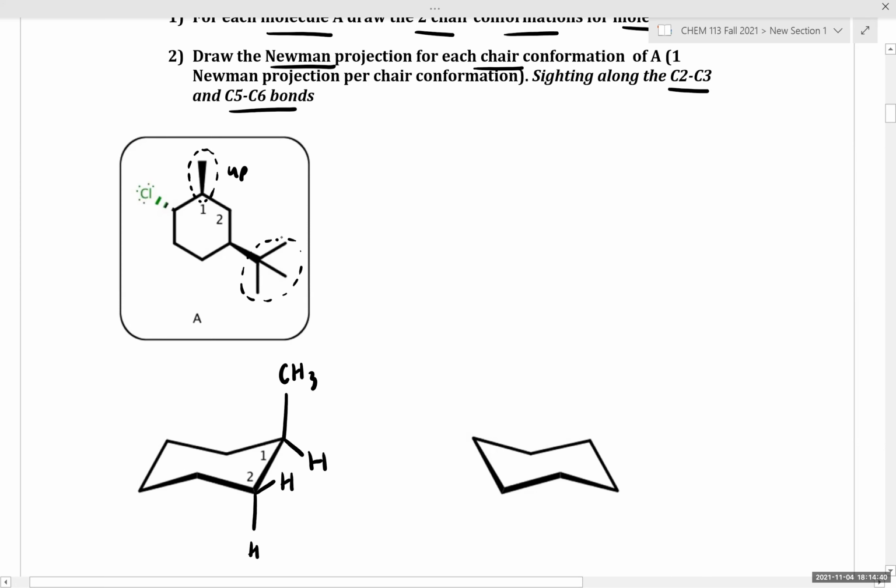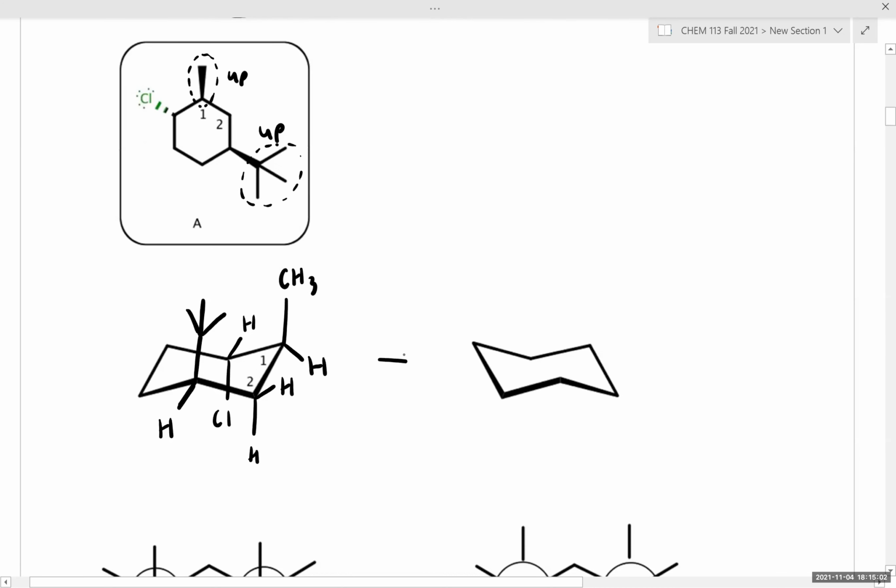Carbon 3 has a tert-butyl group, which is pointing up, has a wedge, and as a result, we draw the tert-butyl group axial up. Carbon 6 has the chlorine, which has a dash, so the chlorine is pointing axial down. Any questions on how we converted this dash wedge notation into our desired first chair conformation for this cyclohexane ring?